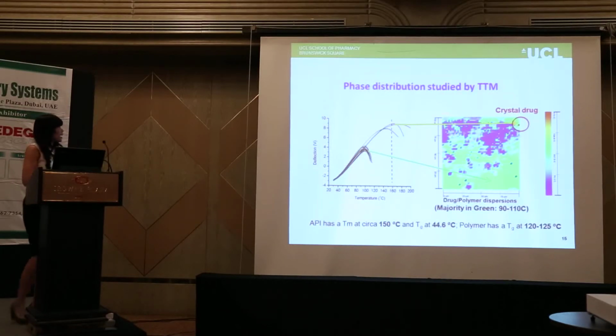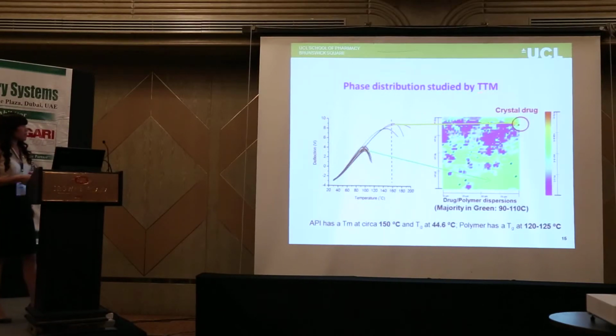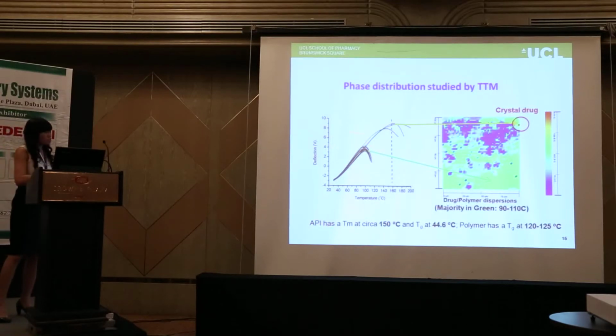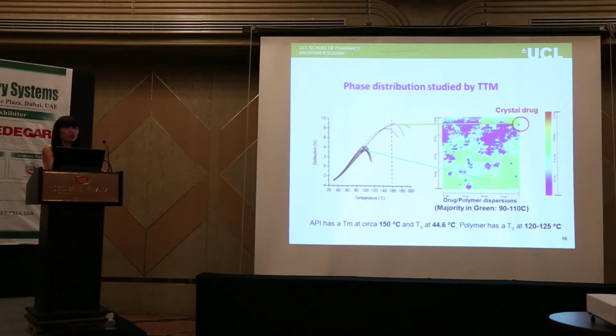So this is a case study we carried out with TTM. What we have here is still the hot melt extruded system, where we identified two phases. This is the LTA data, and we try to correlate the LTA data to the TTM. As you can see here, that's a very nice color-coded TTM map.